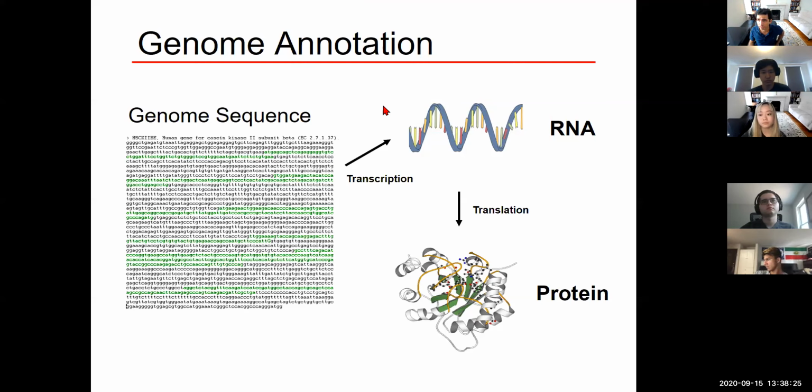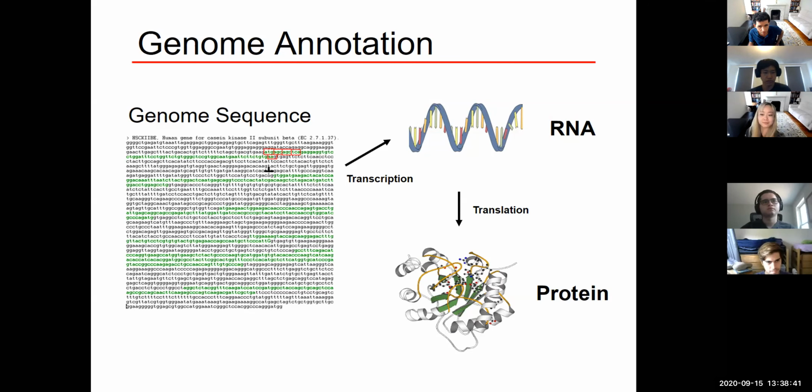There's a big difference if I start translating this every 3 nucleotides. And if I now have 2 nucleotides here overhanging, I better have 1 more nucleotide here as part of the previous codon before I continue into this, okay?